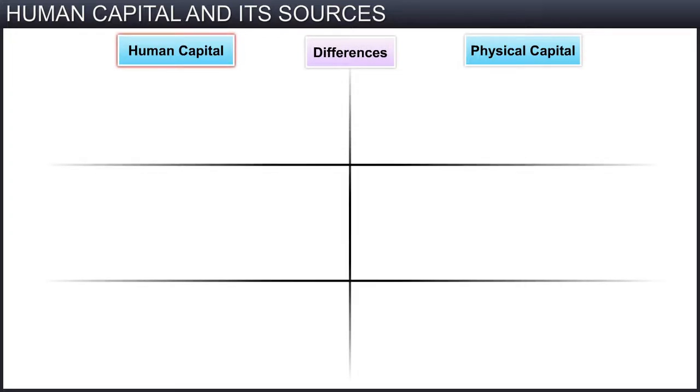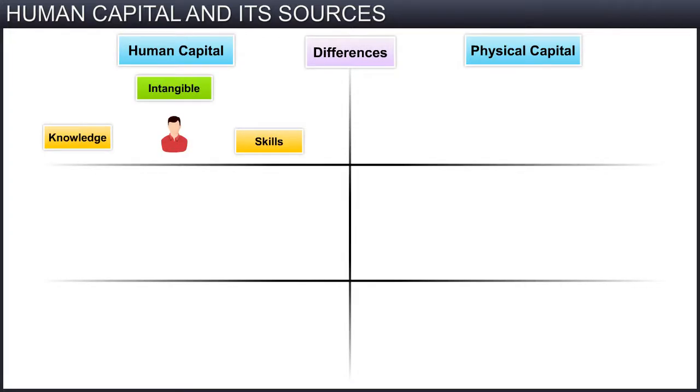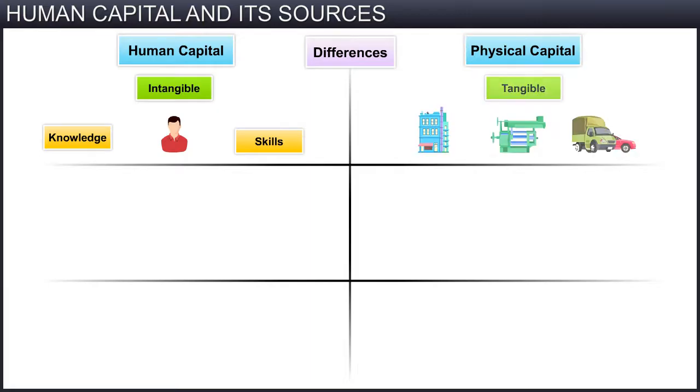So, when we compare human capital with physical capital, we can see that they have both differences and similarities. Some of the differences include: human capital is intangible, whereas physical capital is tangible in nature.